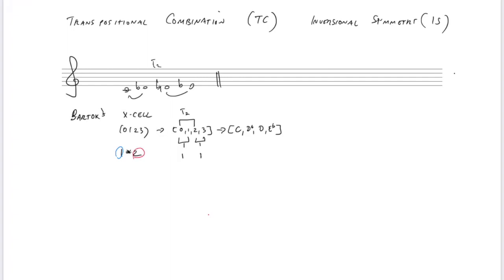What other things do we have? Well, on page 126, he lists all of them, but let's look at the fun ones. For example, there's also Bartok's Y cell, and that's a slightly different beast. It is a 0246.